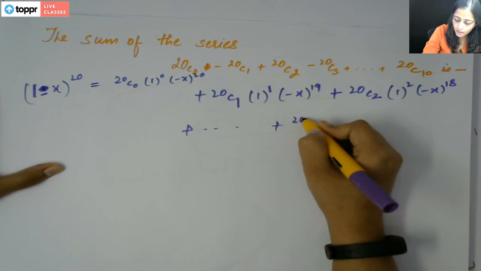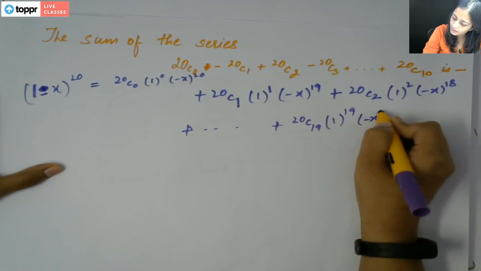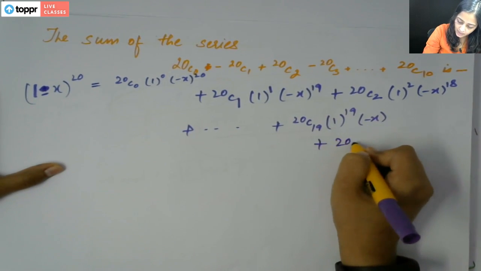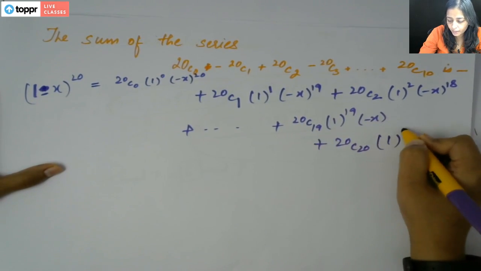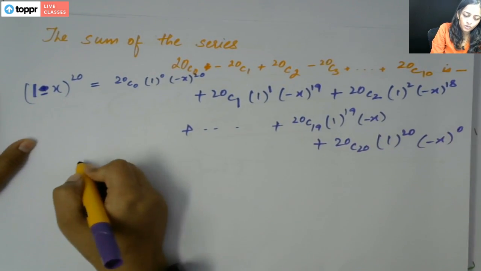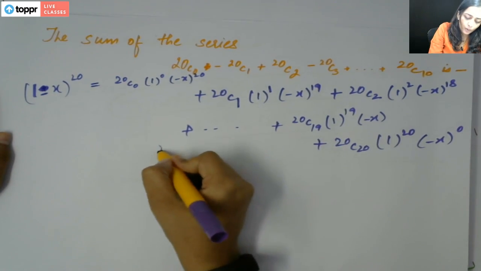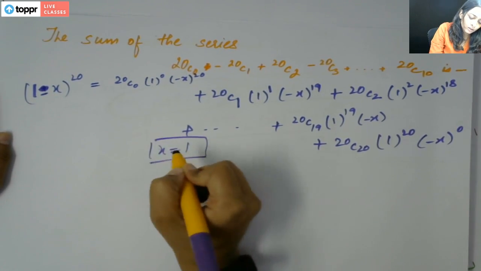You will get 20C19 1 raised to the power 19 minus x, plus 20C20 1 raised to the power 20 minus x raised to the power 0. So if I substitute x equal to 1 in this, what will I get?